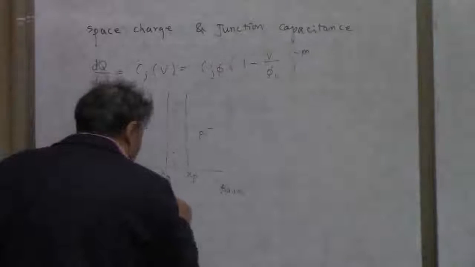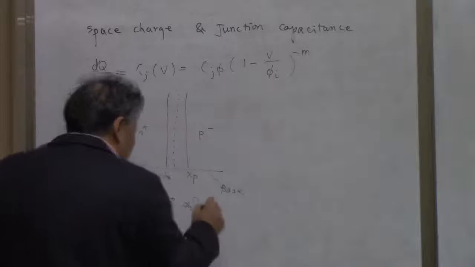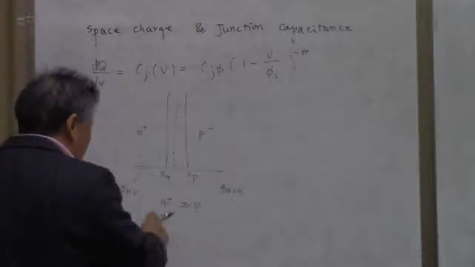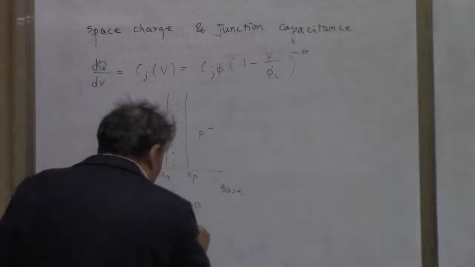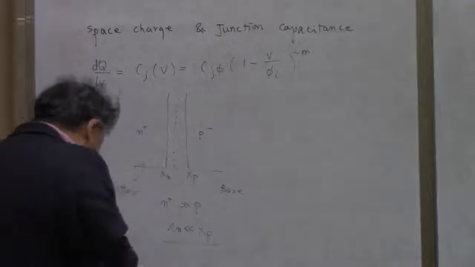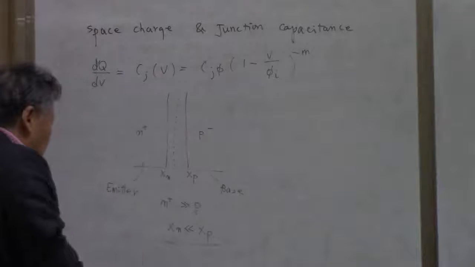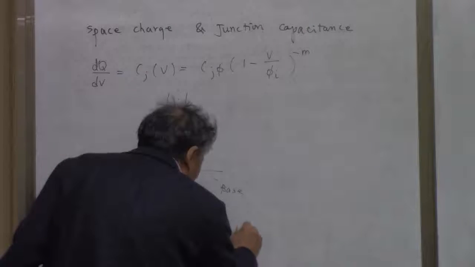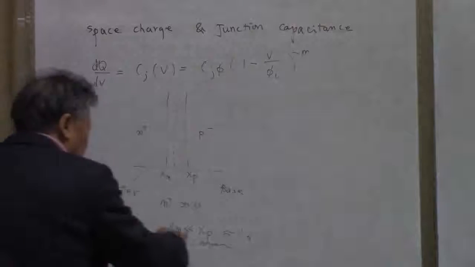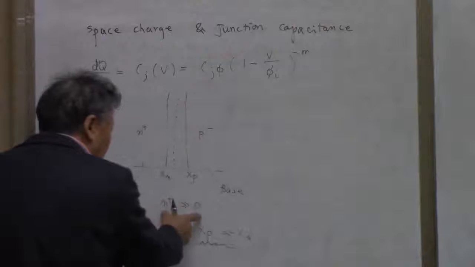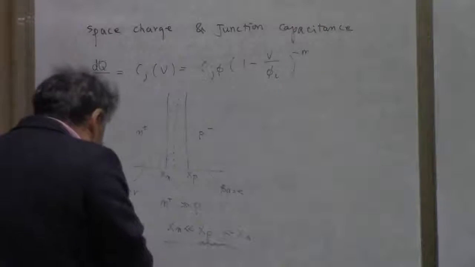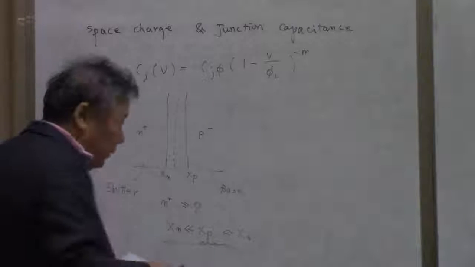If there is a considerable difference in the doping levels, then the space charge region also shows a lot of difference. So the total space charge region can be approximated to the Xp, if the doping level of the base is very much lower than that of the emitter, right?